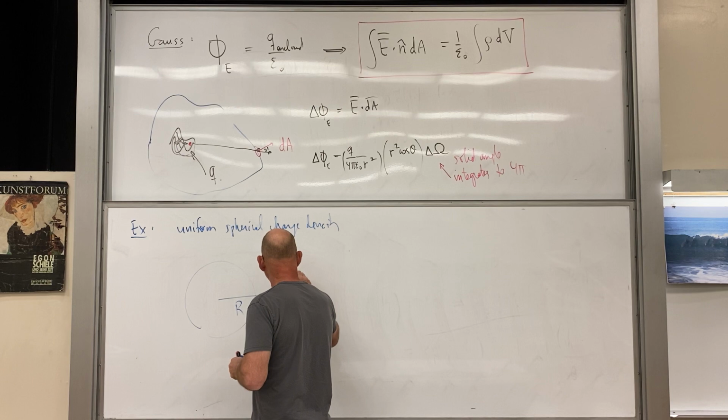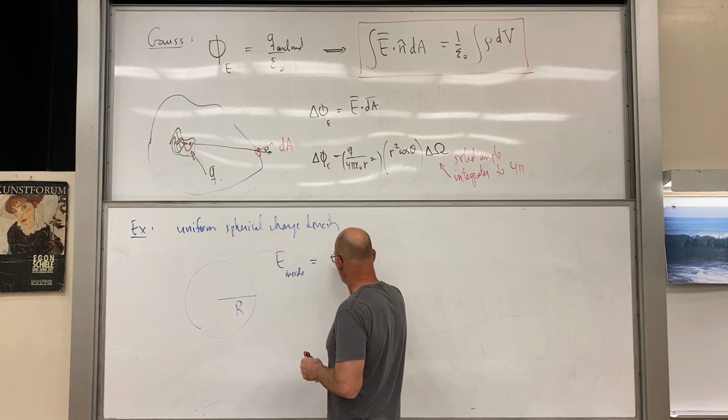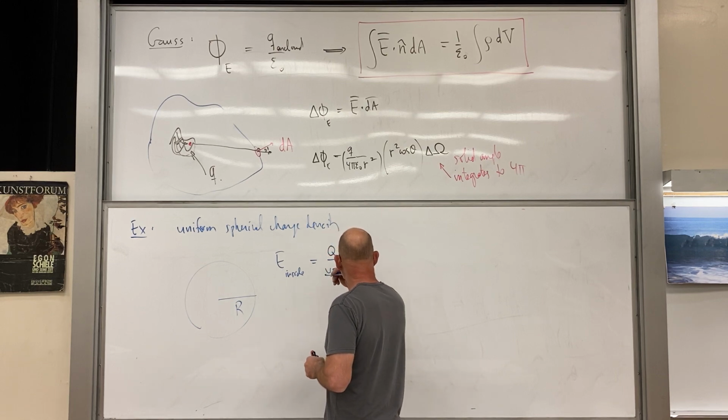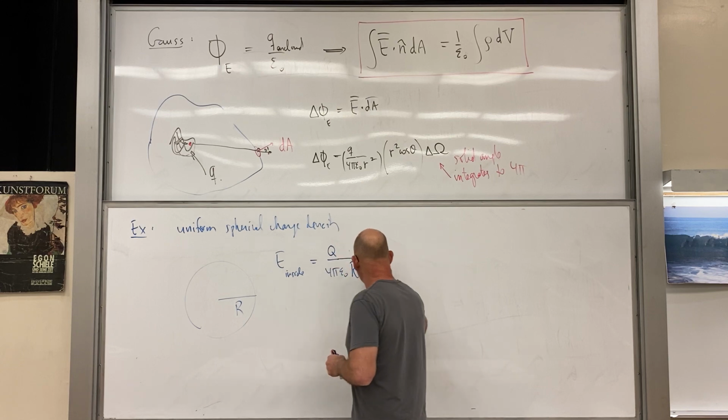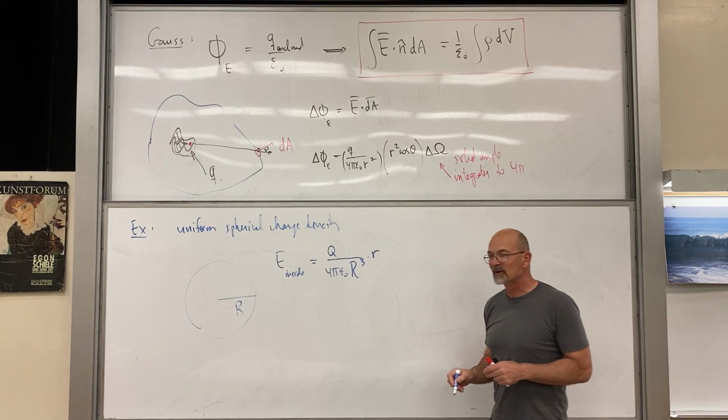E inside was equal to the total charge, 4 pi epsilon naught R cubed, and then it was proportional to r. Okay, so it just grew linearly.